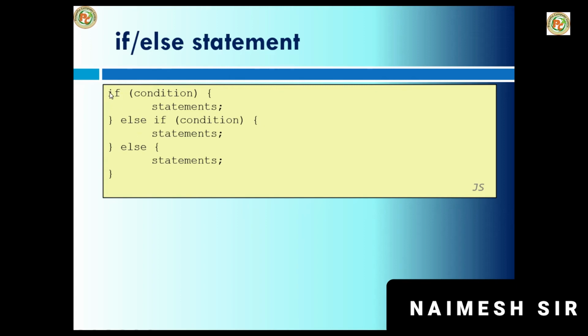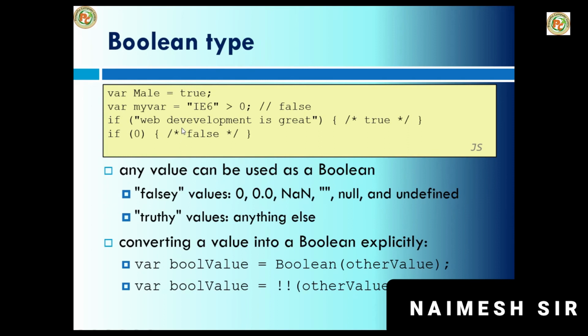Okay, this is the syntax: if, inside that the condition, then the opening curly brace, inside that we type all the statements, and then we close the curly bracket. This is the simplest use of if. But we can also use else if when multiple choices are there.